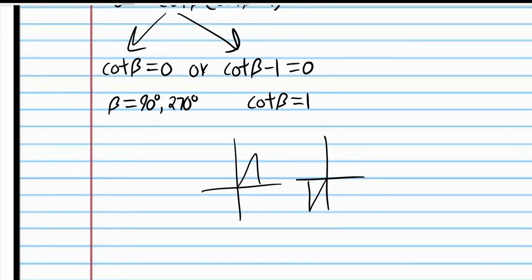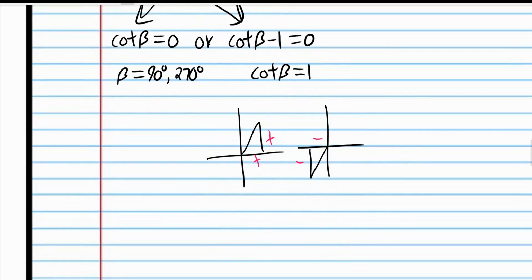How do I know that? Because over here you have positive divided by a positive is a positive, and over here you have negative divided by a negative is a negative. So those are the two situations. So we know that this is a 45, 45, 90 triangle. The reference angles are 45.